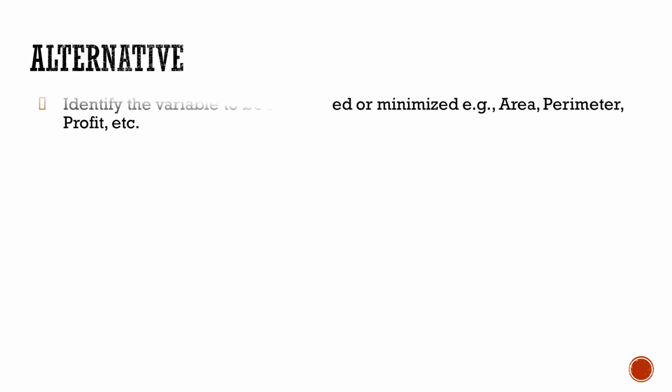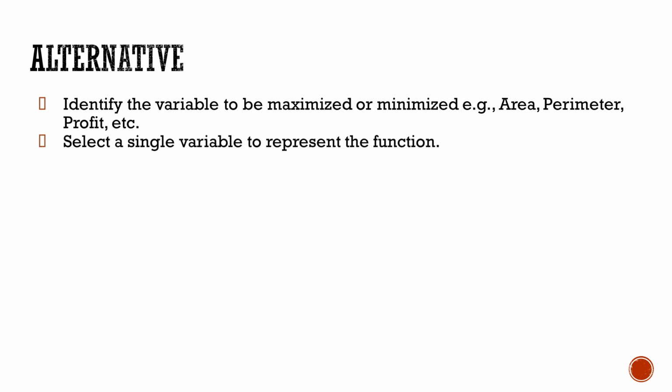As an alternative, normally kasi, mas madali itong alternative in my experience. So first, we identify the variable. Just the same, we identify what is to be maximized or to be minimized. And then, mag-decide ka kung anong variable ang i-equate mo to represent that function to be maximized or to be minimized.